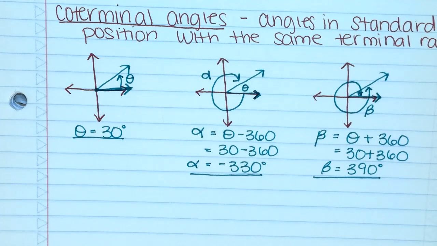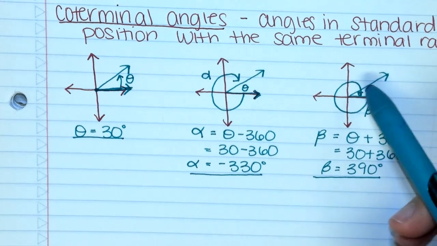So if I asked you about 60 degrees, what is a coterminal angle to 60 degrees? You could subtract 360 and you would get negative 300. Or you could add 360 and get 420. Could I add 360 again?